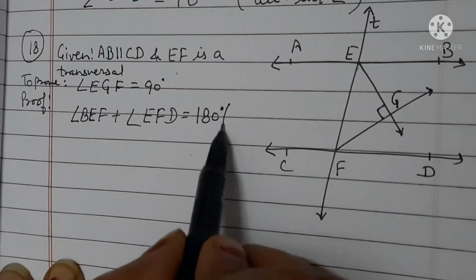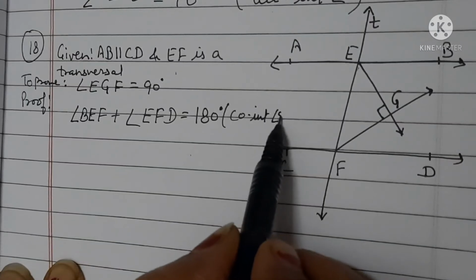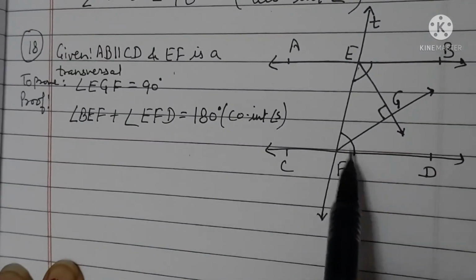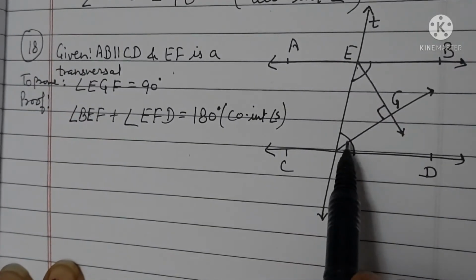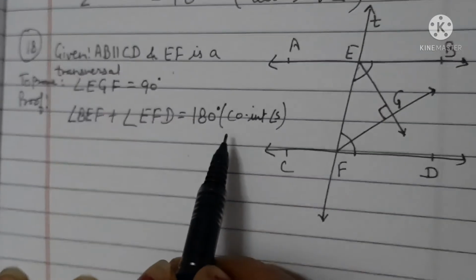Give the reason: co-interior angles means this complete angle. Here sum of these two angles will be 180 degrees.